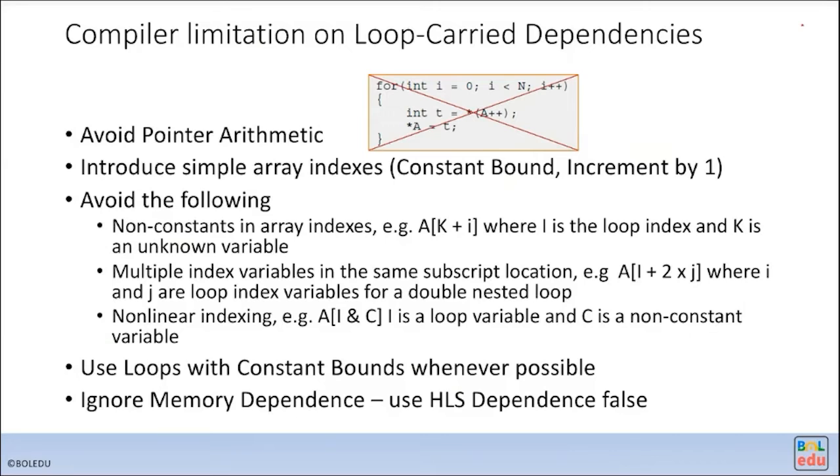Before you really spend effort to restructure your code, there is an easy thing to do first: remove the compiler limitation on loop carried dependency. The compiler has to be very conservative to make sure the synthesized code is safe. If anything cannot be decided at the compilation stage, the compiler has to assume the worst case.